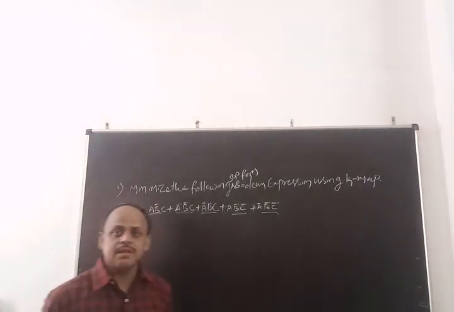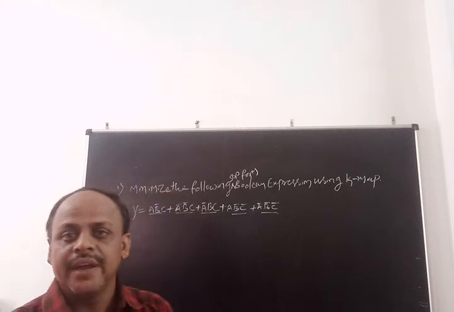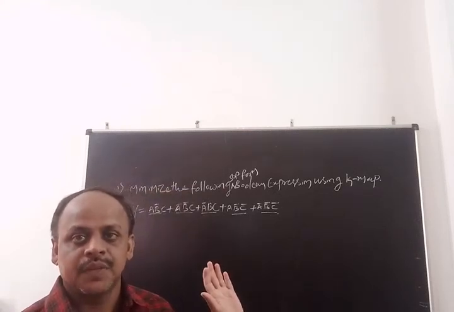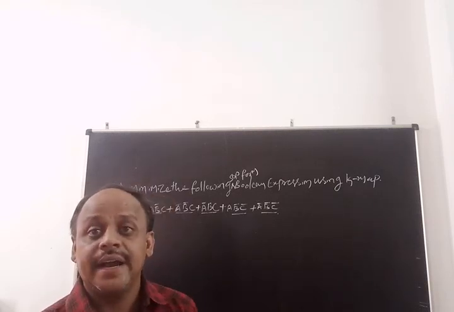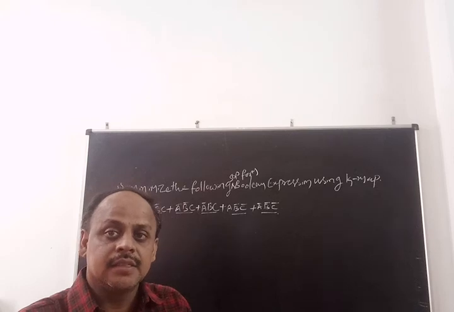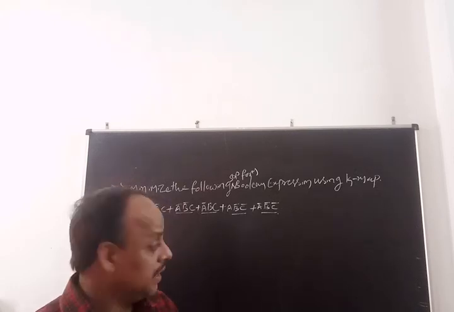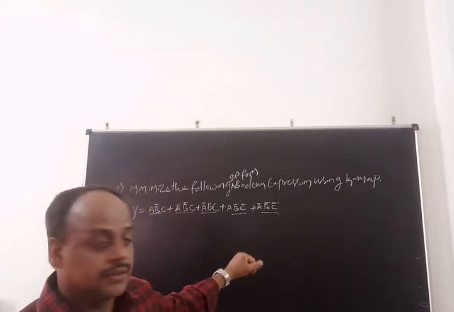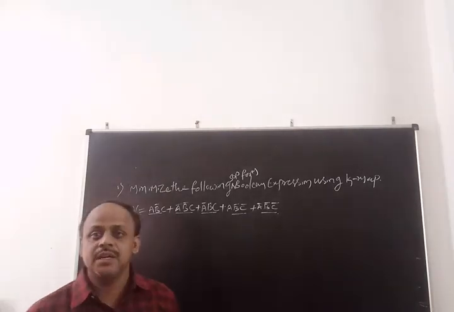So what is the procedure? First we have to see how many variables are there in the given expression, and by considering those variables we have to find how many cells are needed. How many cells in the table must be drawn?